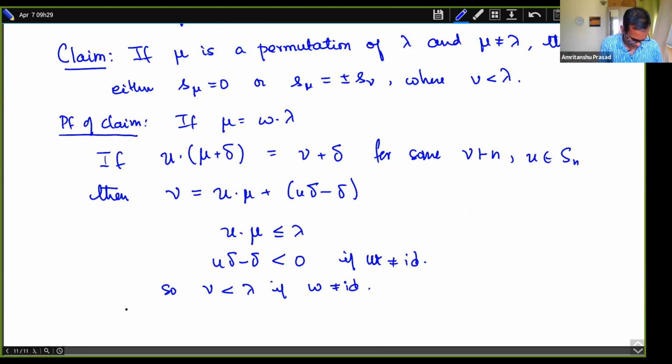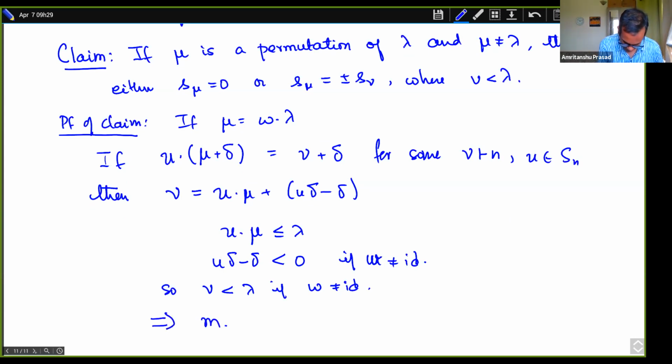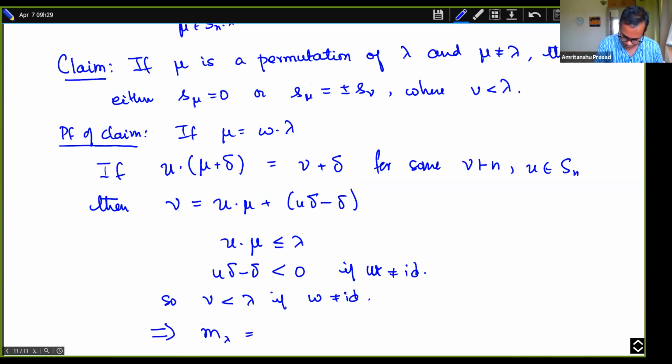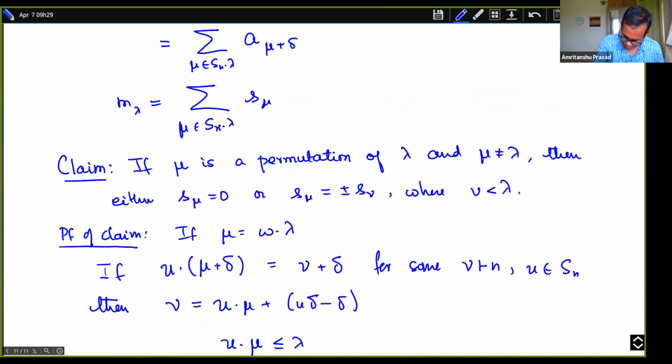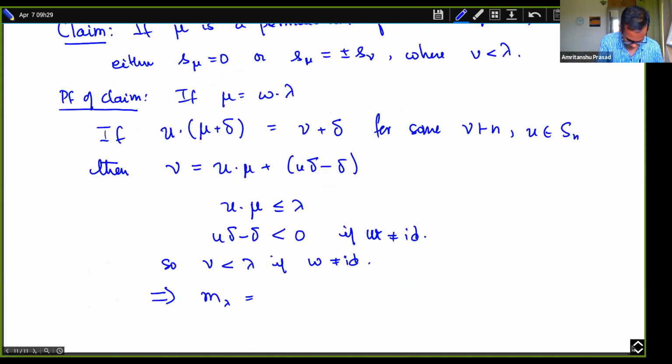And so that means that, going back to this expansion here, m lambda is s lambda and then there are things coming from nu strictly less than lambda, a lambda nu s nu.